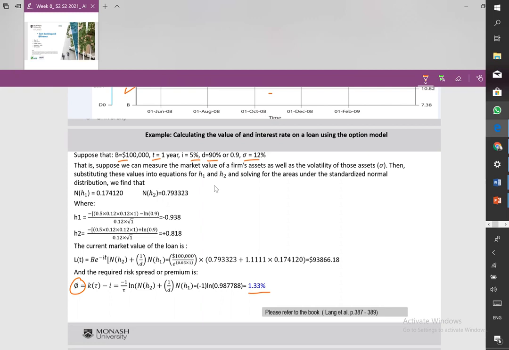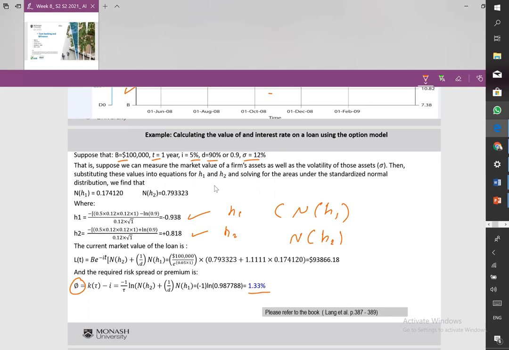And you can use the formula here to get H1 and H2, and then get the values under the curve for N(H1) and N(H2).